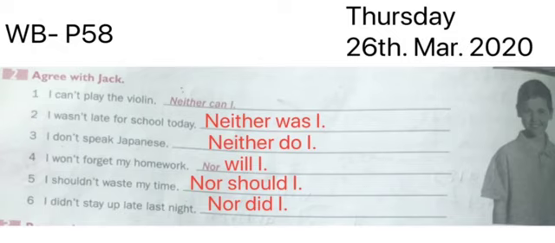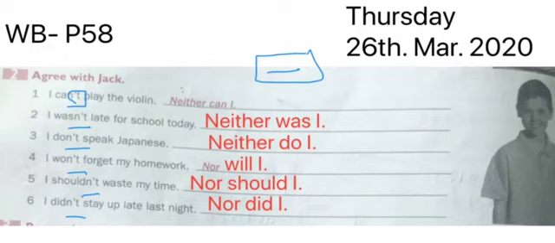Yes, these statements are negative statements because all of them contain the word "not." And because the question asks you to agree with Jack, and Jack is the one saying these statements, the subject will be "I."